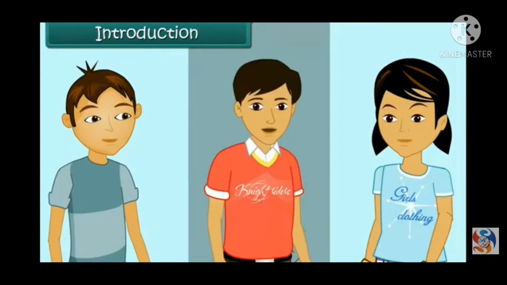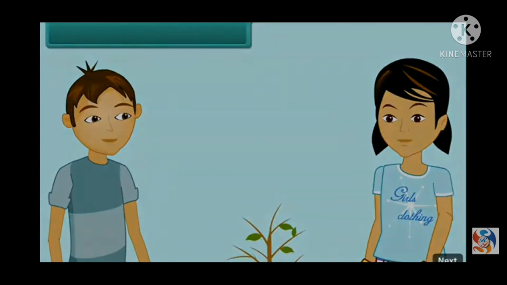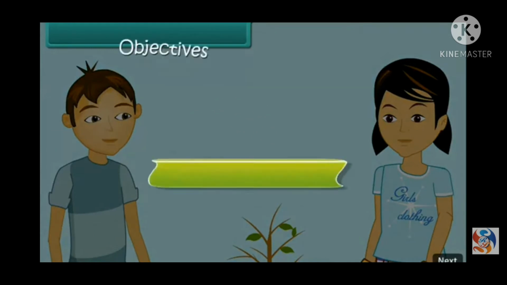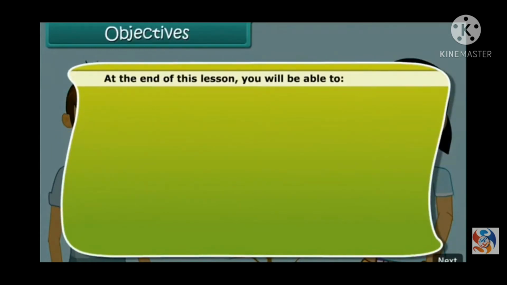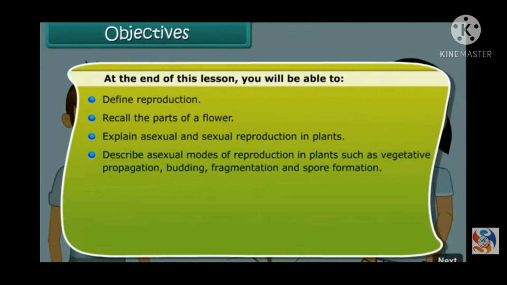Come children, let us learn about reproduction in plants. Objectives. At the end of this lesson, you'll be able to define reproduction, recall the parts of a flower, explain asexual and sexual reproduction in plants, describe asexual modes of reproduction in plants such as vegetative propagation, budding, fragmentation, and spore formation.